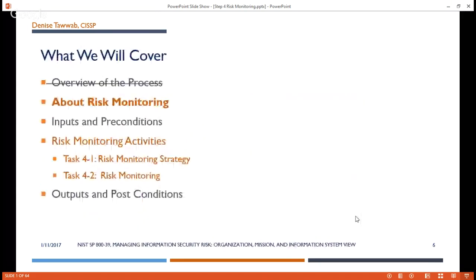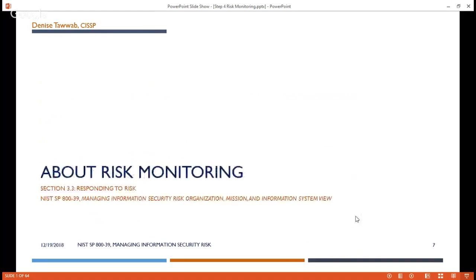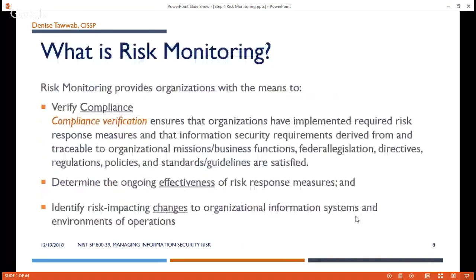Okay, let's talk about risk monitoring. What is risk monitoring? Risk monitoring provides organizations with the means to verify compliance. That's the first thing. Compliance verification ensures that the businesses have implemented required risk response measures and that information security requirements that are derived from and traceable to organizational mission, business functions, federal legislation, directives, regulations, policies, and standards are satisfied.